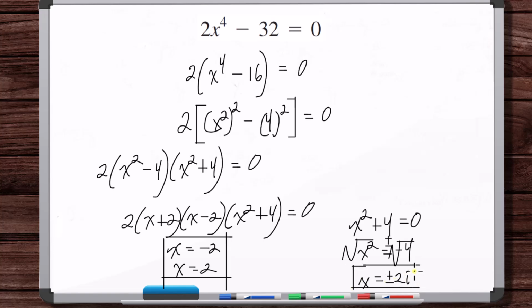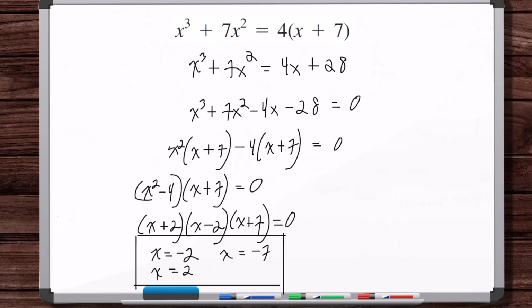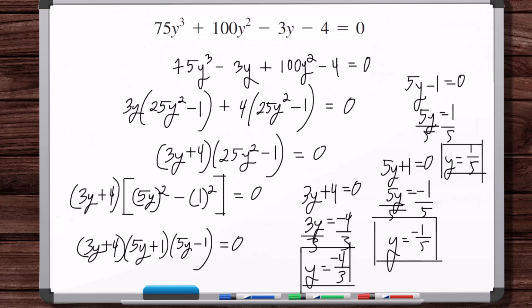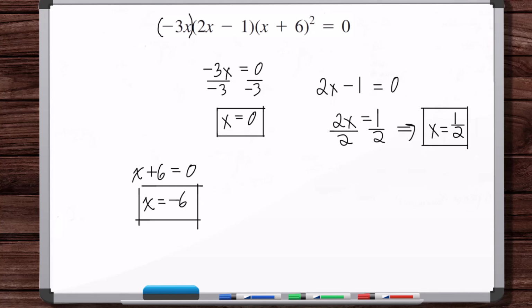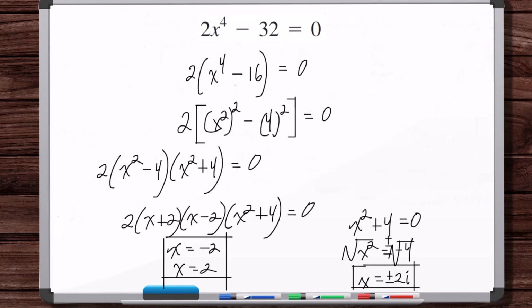There's more solutions. Let's see, what else? There are no imaginary solutions there. So we had these additional 2 imaginary solutions.